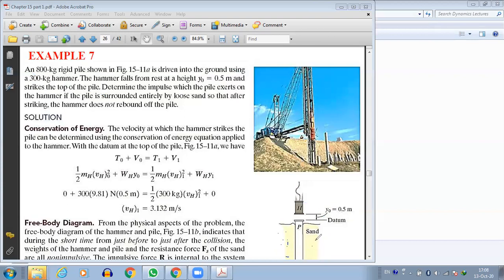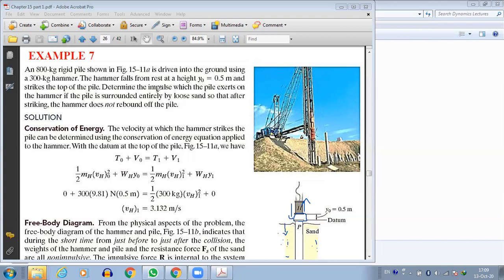If the sand was not loose, the hammer would rebound, would go back. But since the sand is loose, after striking the pile, the hammer and pile together move as one body downward. So they both move with the same velocity. The hammer does not get separated after striking.